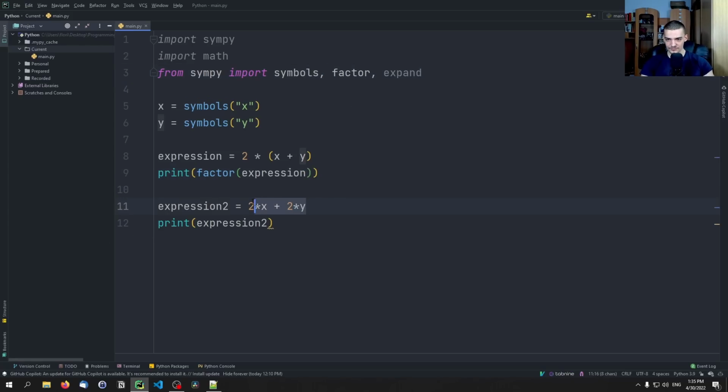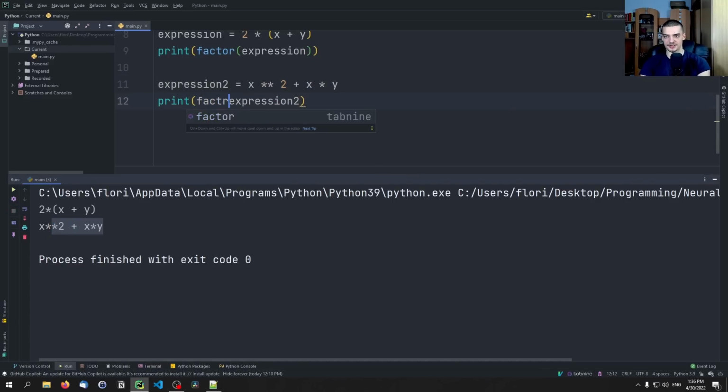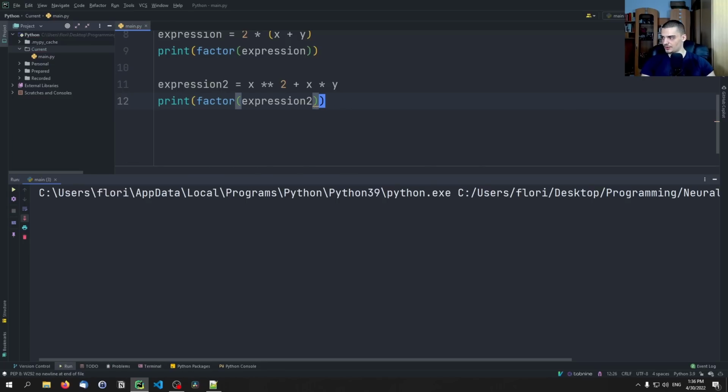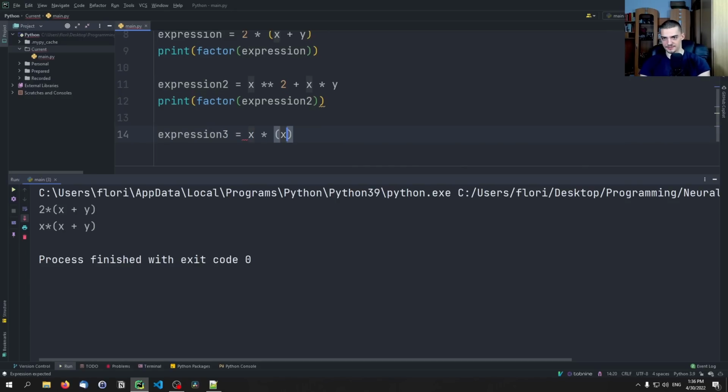We can, for example, say here that we want to have the expression x to the power of 2 plus x times y, and then you can see that this is the expression, and now I can go ahead and just say factor this expression. There you go. And I think that maybe an example for expand could be, let's try expression 3 is x times x plus y.